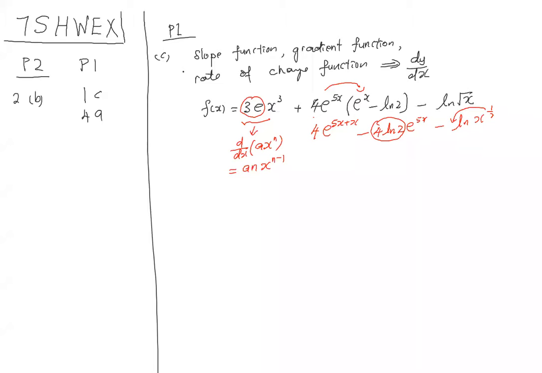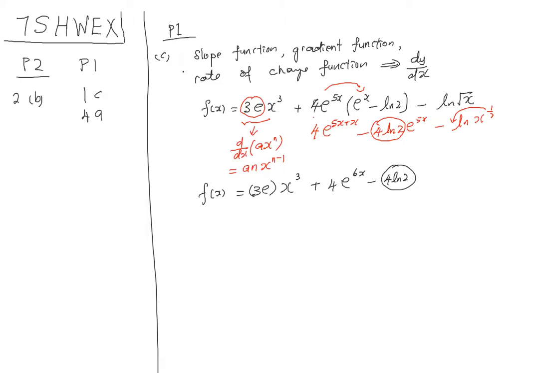Are you clear? So whenever we do these sort of questions, you have to rewrite. So you know that 3e is like your a. So you bracket it up. Plus 4e to the power of 6x. Take away 4 ln 2 is a constant also.